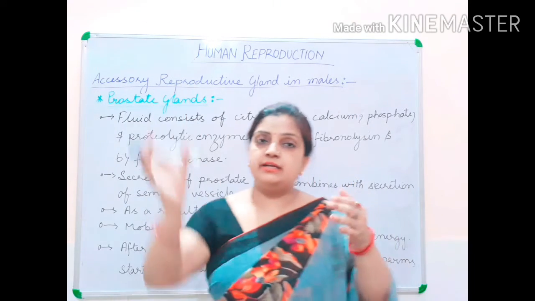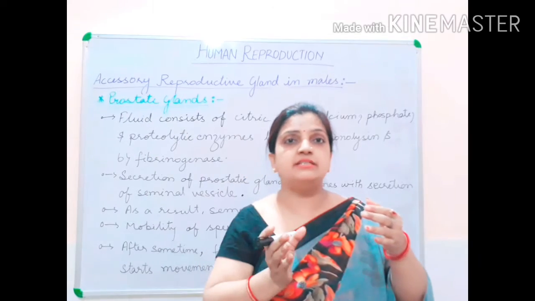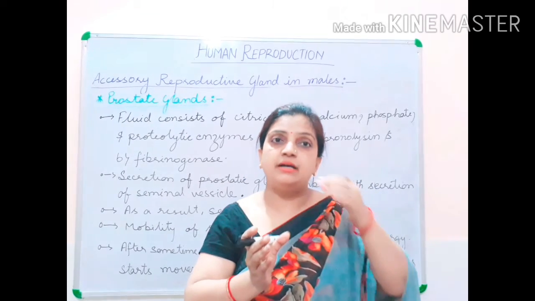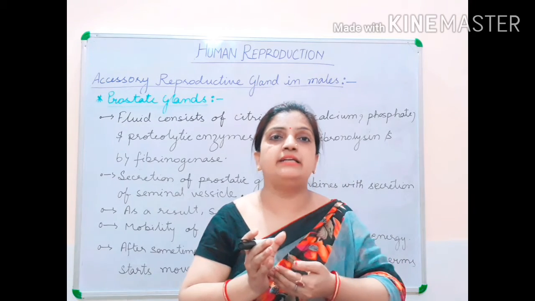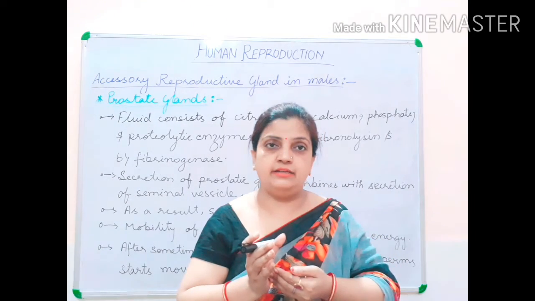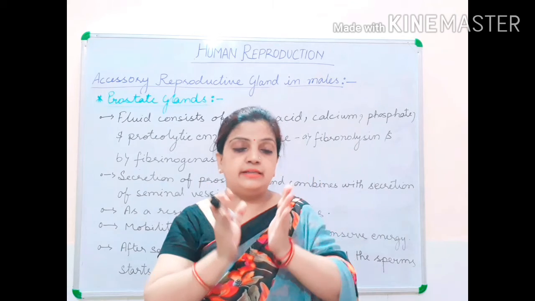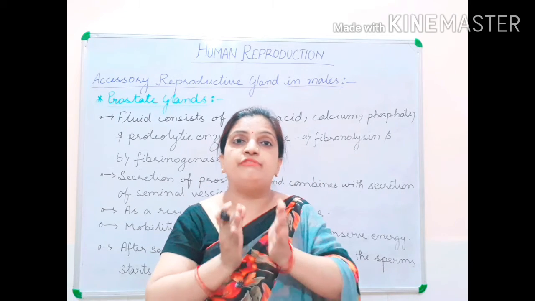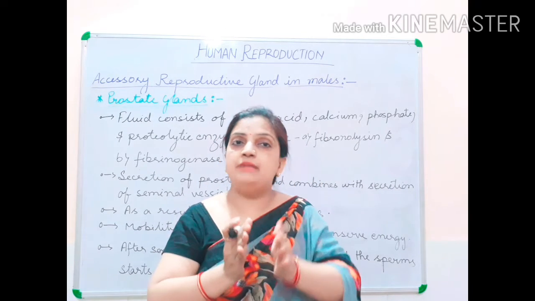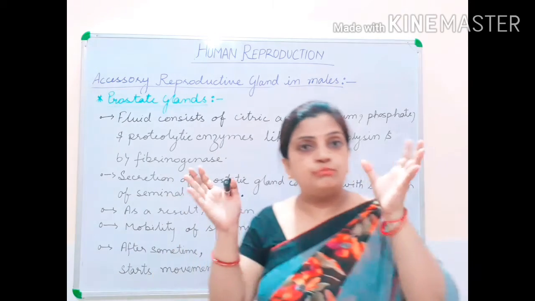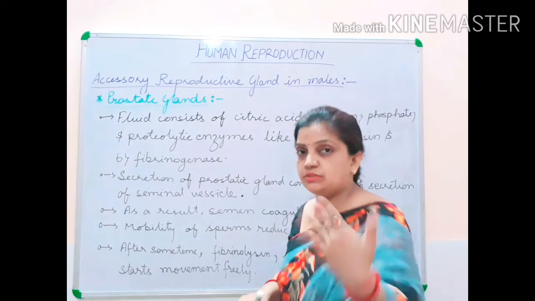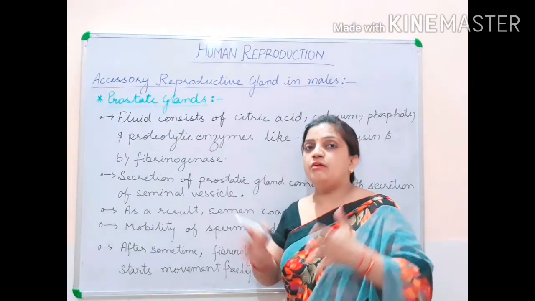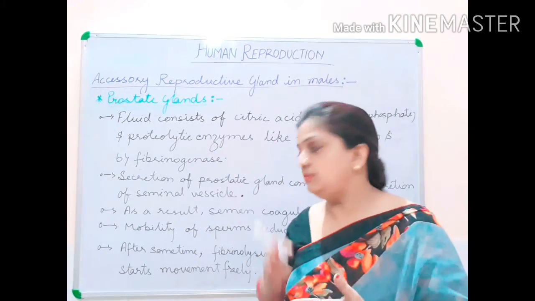So the semen from the seminal vesicle combines with the prostatic fluid secreted from the prostate gland. Now the semen is a mixture of the fluid of the seminal vesicle and the prostatic fluid. From both glands the fluid has mixed with the sperms.